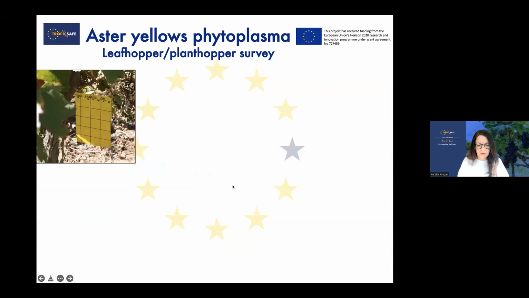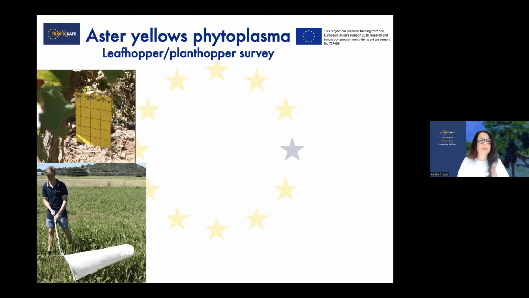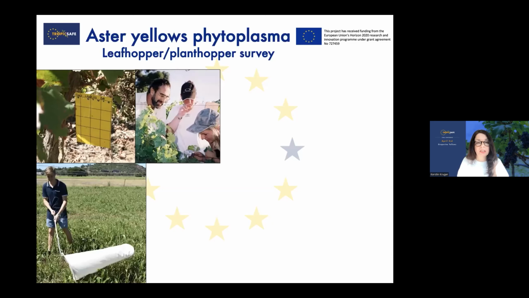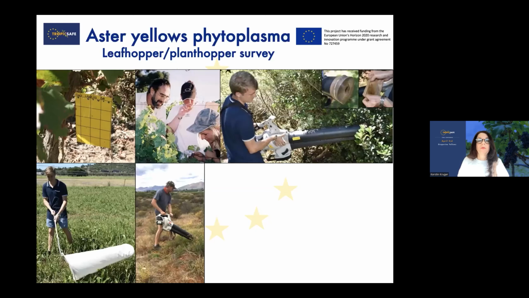In order to determine potential vectors and alternative host plants, we used yellow sticky traps for the vectors, which were placed in vineyards, and we used sweep netting and also visual inspection. For identifying vectors in the natural vegetation, we used vacuum sampling.